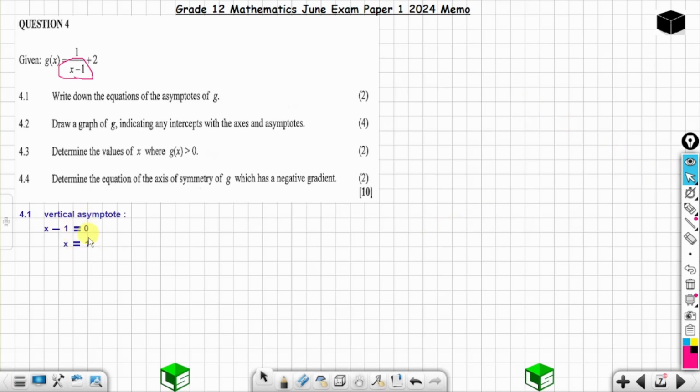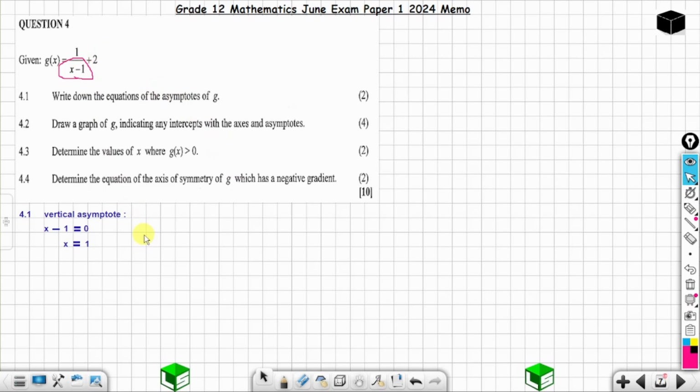X is equal to 1. So always take what you have in the denominator, equate it to 0, and solve for x, because division by 0 is undefined. So when you have division by 0, you are going to have a vertical asymptote for a hyperbola.